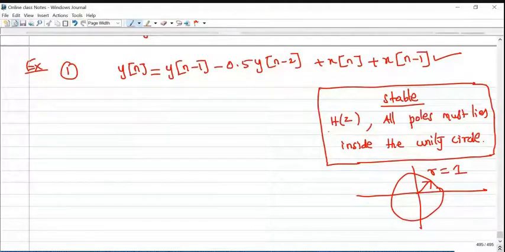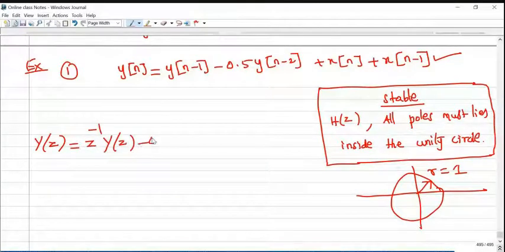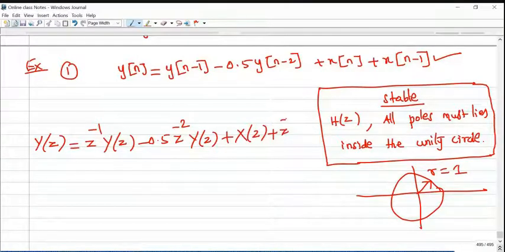So let us find H(z) first. Apply the Z transform to the signal. Y(z). Y(n minus 1), using the time shifting property, gives z power minus 1 Y(z), minus 0.5 z power minus 2 Y(z), plus X(z) plus z power minus 1 X(z). Next step, separate the Y term and X term.